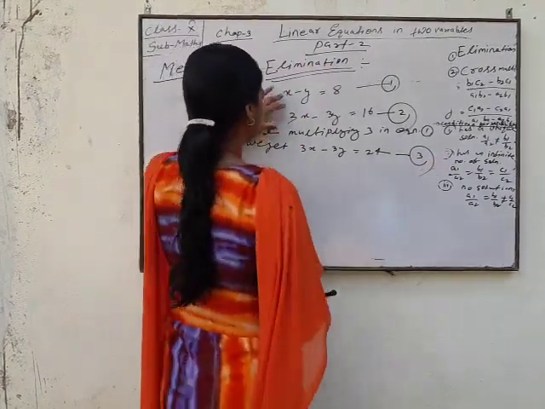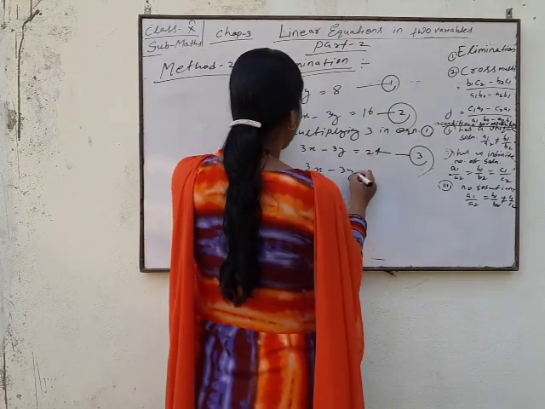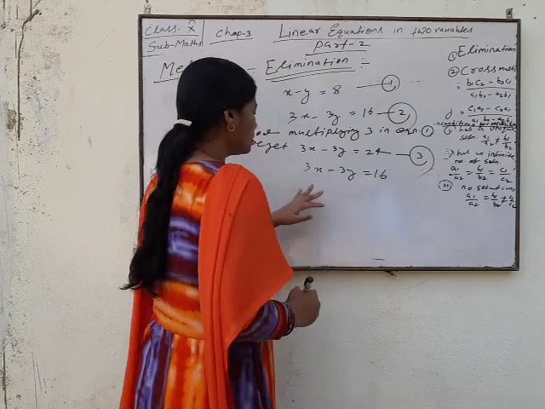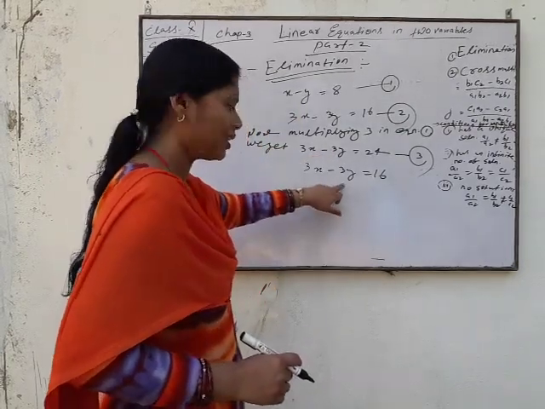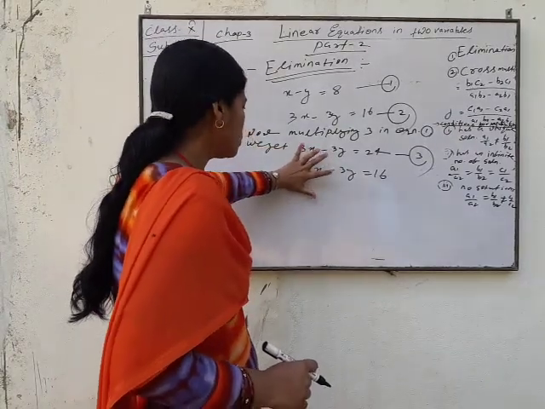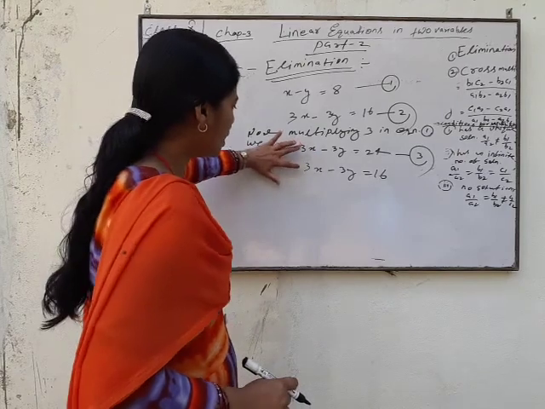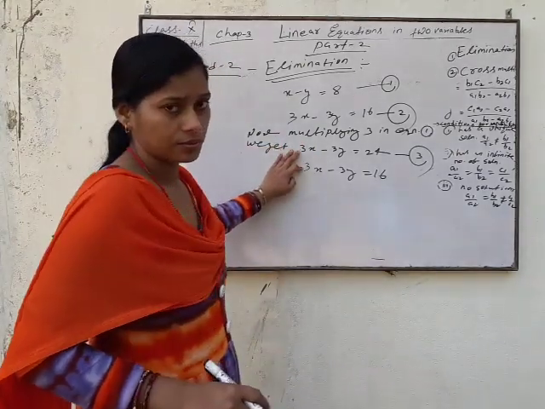Now, the second equation is 3x minus 3y is equal to 16. Look here, 3x and 3x, 3y and 3y. Here both are plus sign, here both are minus sign. Both are the same sign, so we should subtract both equations.